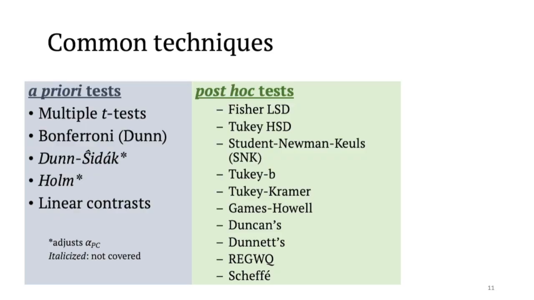All right, so with those warnings and cautions, we're going to talk about some ways that you actually can do some tests. Note, both of these are just names and groups that have been created. You can use any of these techniques in the way that we've talked about with planned comparisons or post hoc, and they're going to act very similar to what we've already talked about. But notably, some of these are going to adjust so that our type 1 error rate isn't as big.